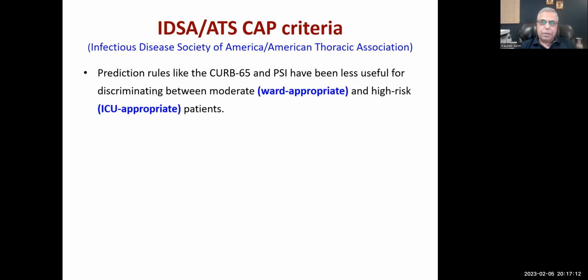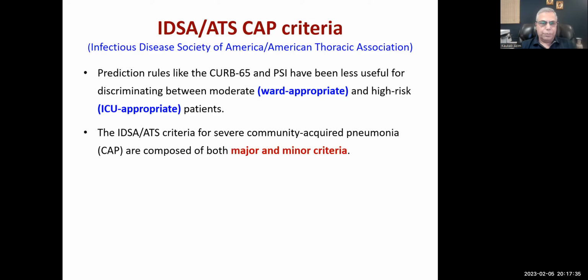Community acquired pneumonia prediction rules like CURB-65 and the pneumonia severity index have been less useful for discriminating between moderate and high risk patients, right? Ward appropriate, although the score has given you some indication, but still, many physicians are confused. So they use another set of criteria, composed of both major and minor criteria.